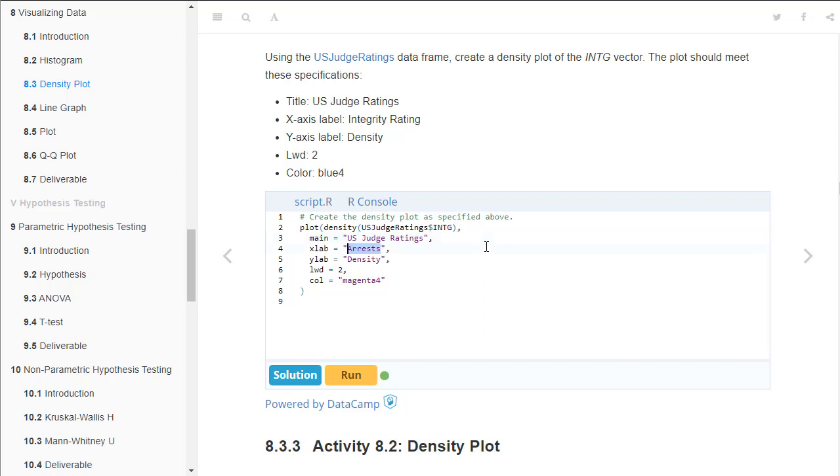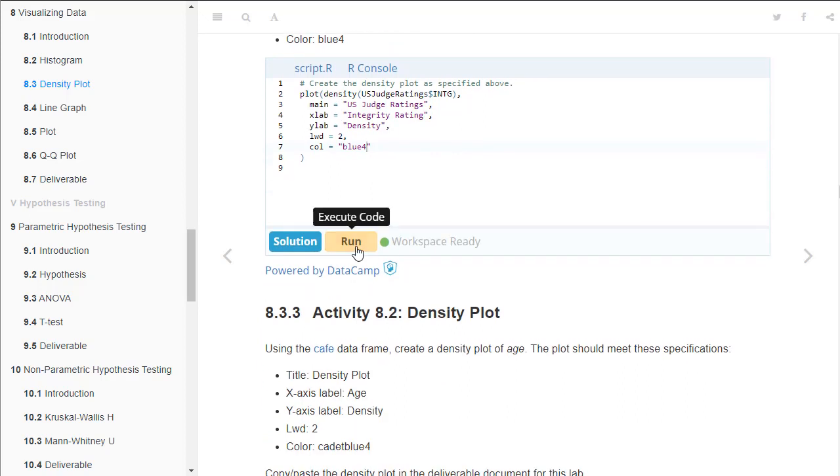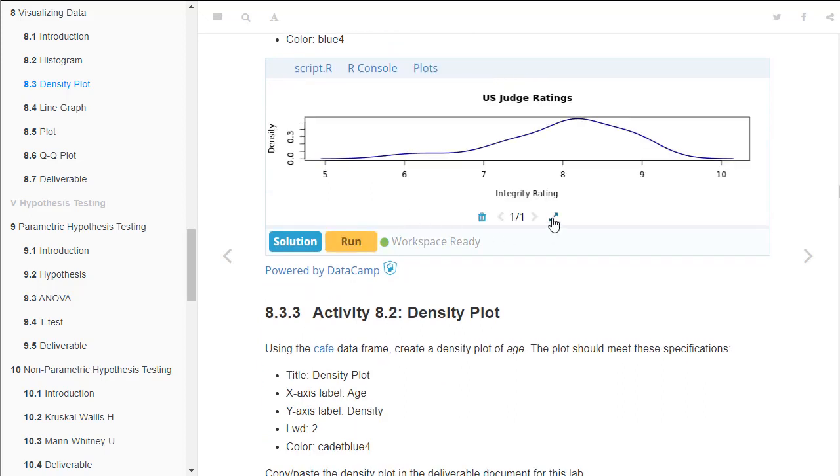The x-axis is integrity rating. Y-axis is density. lwd, that's the width of the line, is 2, and our line color wants to be blue4. And let me run that. There we go.